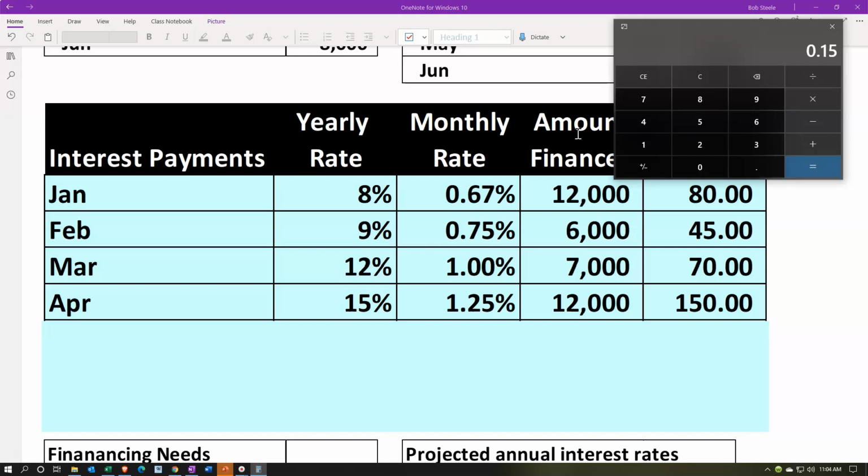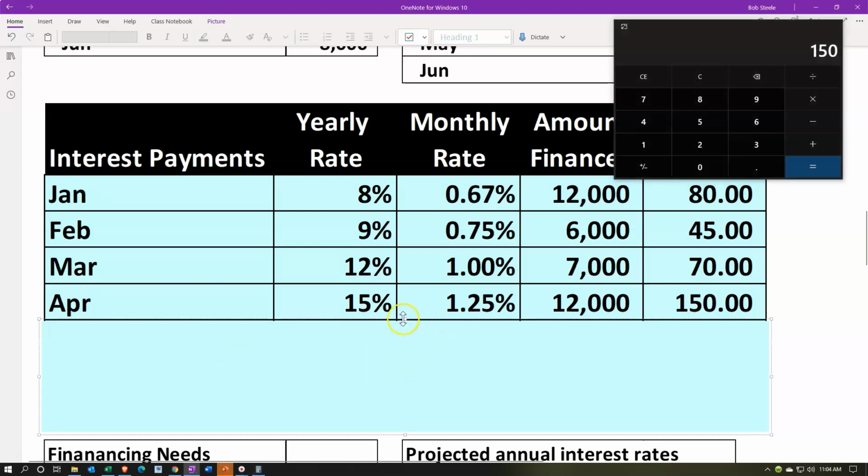So 0.15 divided by 12 would give us 1.25 if I move the decimal 2 places over. Taking that times the 12,000 amount that we think we will need financing for, 150. That could once again be calculated as the 12,000 times 0.15, the interest for a year, divided by 12, which would be the 150 there.